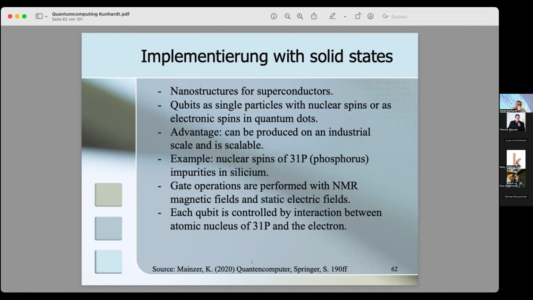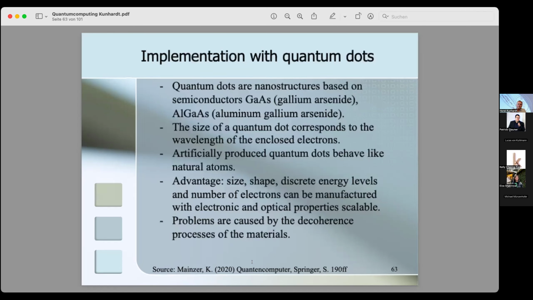And the advantage, as I already said, is we have the industrial technologies and we can scale that technology very well. One can use phosphorus, for example, to use these quantum dots or develop these quantum dots into this semiconductor technology.